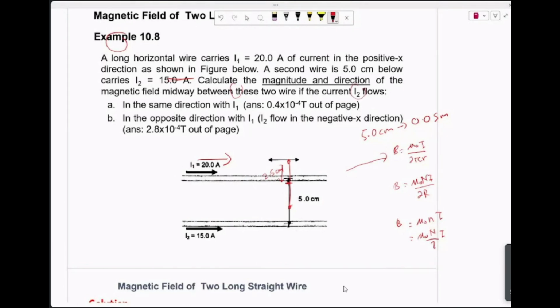It doesn't ask you for the magnetic field due to I1 only. If you look at this equation, this is just B, this is just I, and this is just r. So when you input the value of I1 here, this immediately becomes I1, this becomes B1, and this becomes r1.